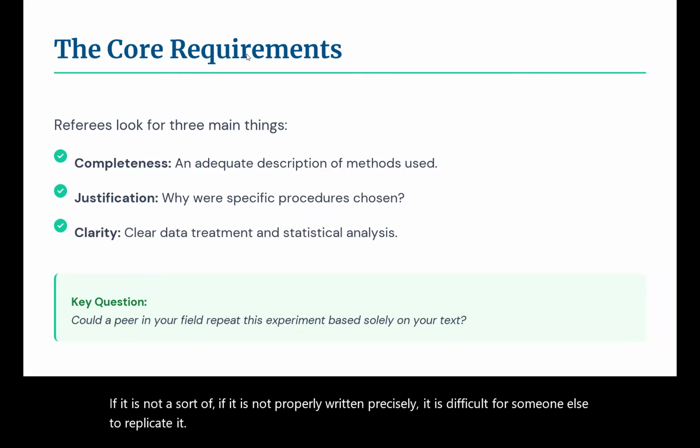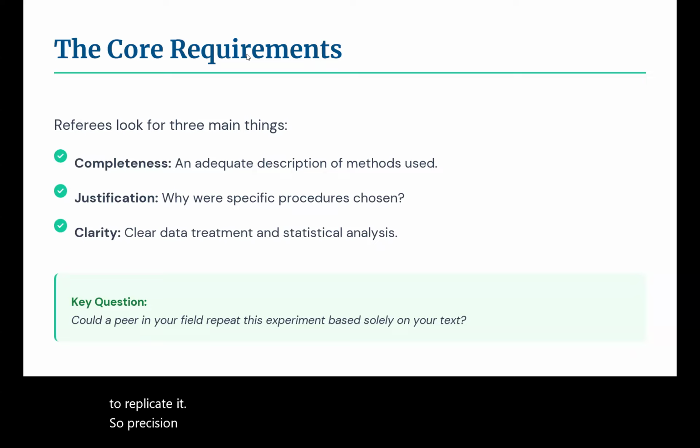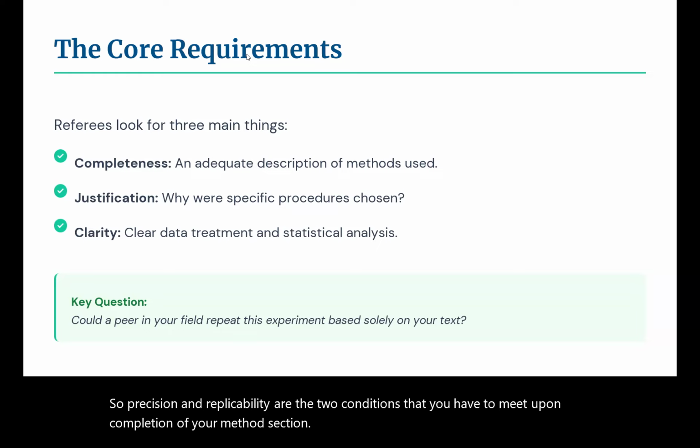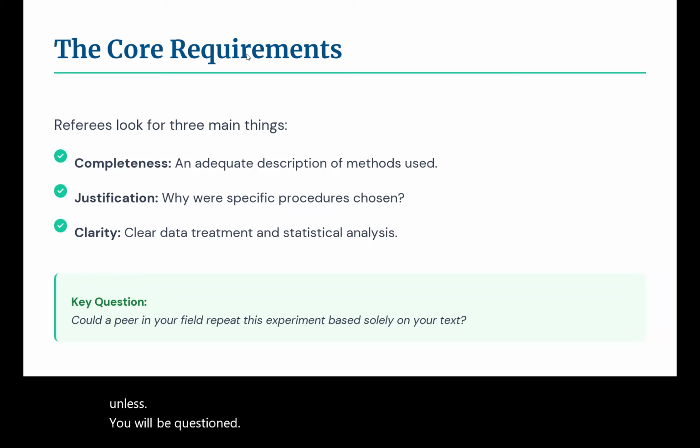So, precision and replicability are the two conditions that you have to meet upon completion of your method section. Give it a read a couple of times, unless you will be questioned by your examiner or by your reviewer or by the supervisor. Indeed.